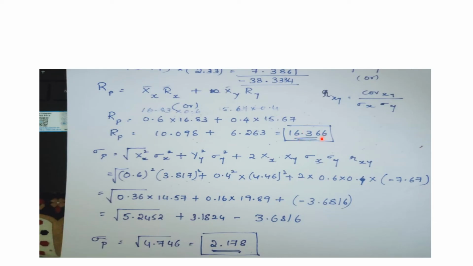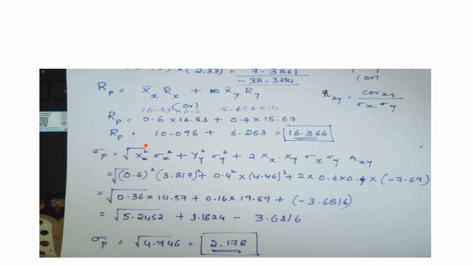This is expected return on portfolio. Then standard deviation, that is the risk formula, as already I have explained the formula. You have to take the covariance of two securities.